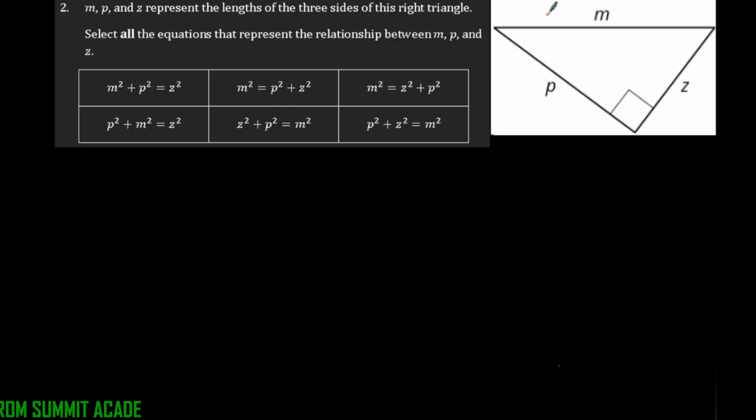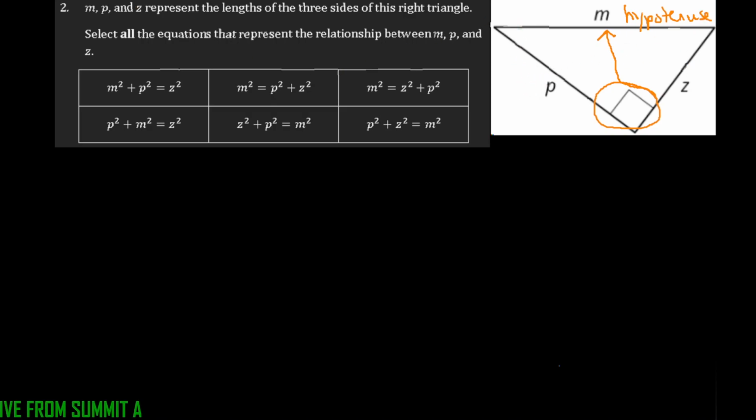For number 2, it says m, p, and z represent the lengths of these three sides of a right triangle. It says select all the equations that represent the relationship between m, p, and z. You've got to be careful in this one because if we were to label it out, the hypotenuse is opposite my right angle, so I'm going to say this is our hypotenuse, and these are the legs.